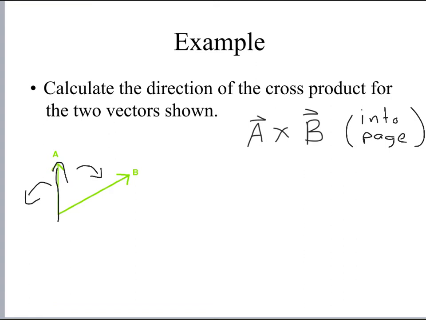Now I'm going to redraw these vectors here. So if I have these vectors A and B, and I want to form B cross A instead, how would that work? I want to form the vector B cross A. And so first thing I'm going to do is line my fingers up with the B vector.